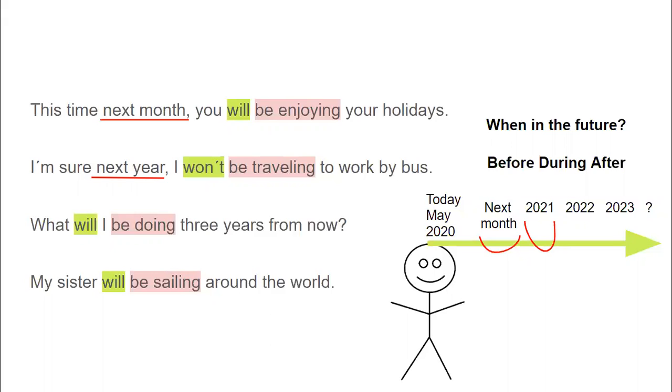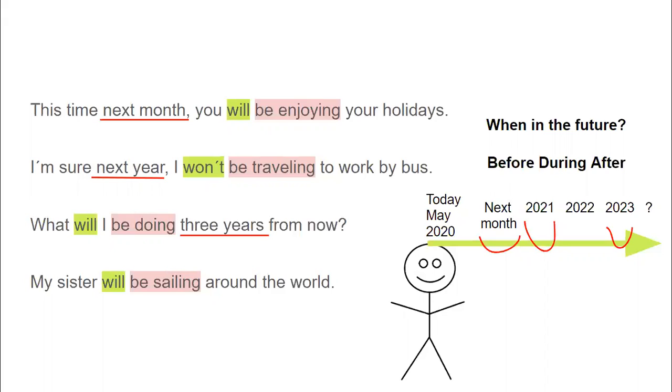The next sentence: what will I be doing 3 years from now? So in 3 years, what will the person be doing? Here, are we talking before the 3 years, during 3 years, or after 3 years? Let's check the answer.